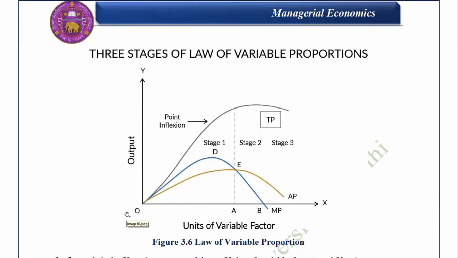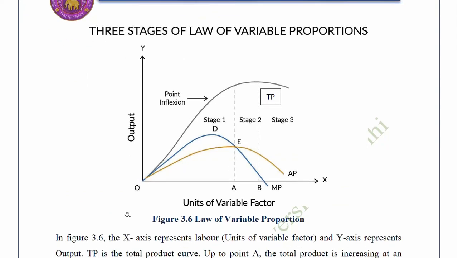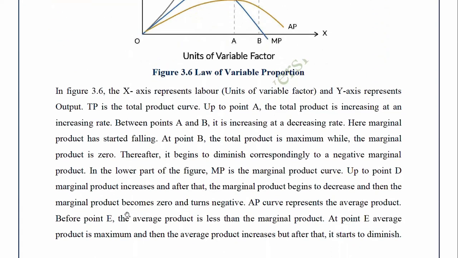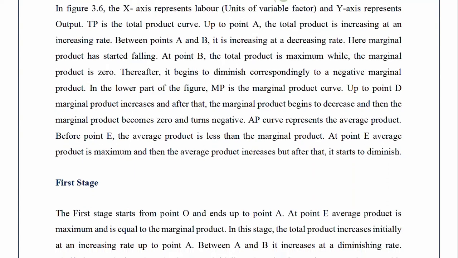Figure 3.6 depicts the law of variable proportions. In figure 3.6, the x-axis represents labor, that is units of variable factor, and the y-axis represents output. TP is the total product curve. Up to point A, the total product is increasing at an increasing rate.